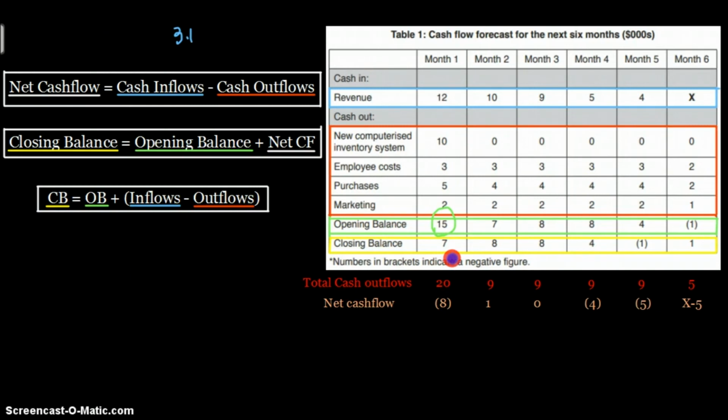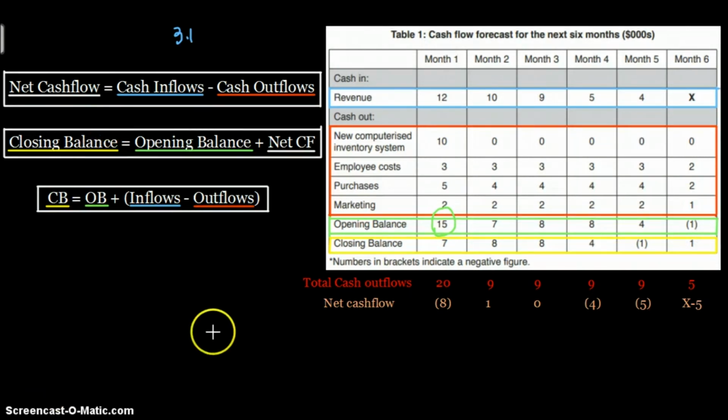As you can see over here, I'm just going to add up our opening balance and our net cash flow to show you this closing balance. 7 plus 1 we got 8, 8 plus 0 we got 8, 8 minus 4 we got 4, 4 minus 5 we got minus 1, and minus 1 plus x minus 5, sorry, x minus 5 minus 1 we got this. So basically our closing balance for this month is going to be x minus 6.